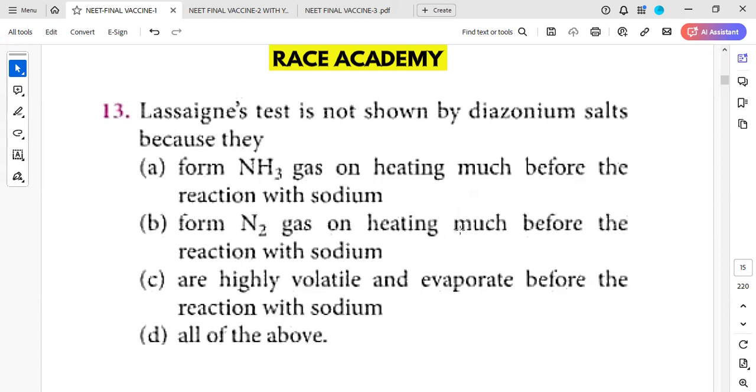That's the reason why diazonium salts do not give Lassaigne's test. Whereas the first option, forming NH3 gas, no, it won't give NH3 gas. Diazonium salts upon heating give nitrogen gas. That is the reason they are not responding to Lassaigne's test. The second option is the right option.